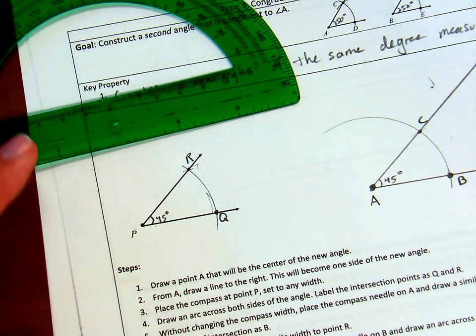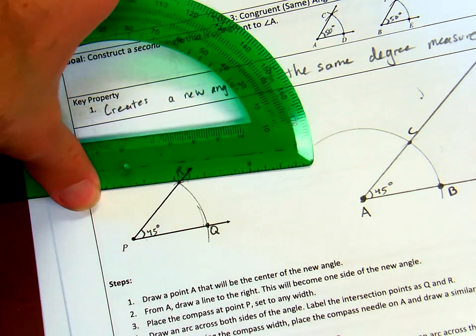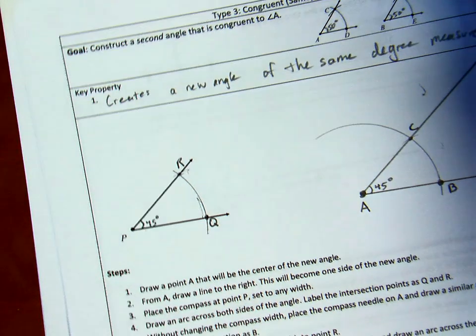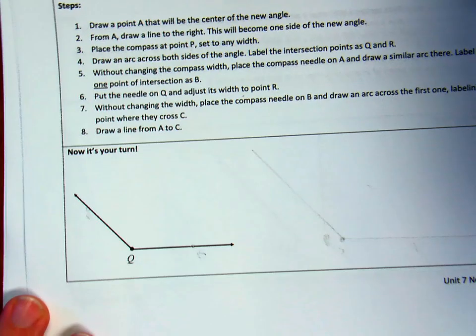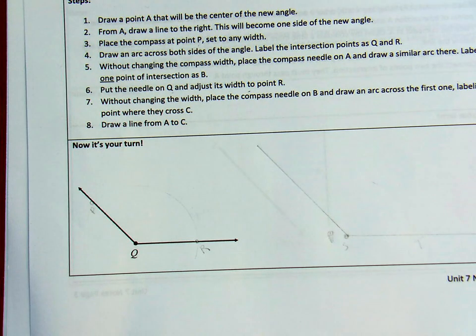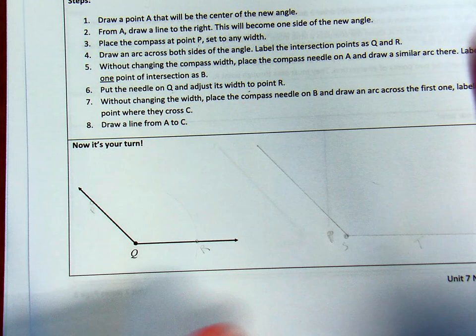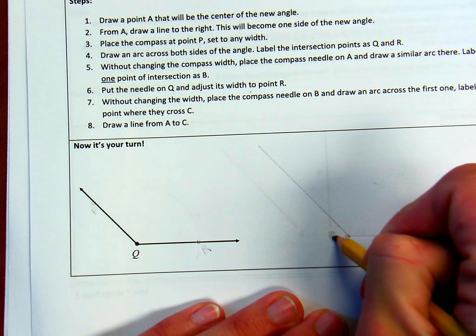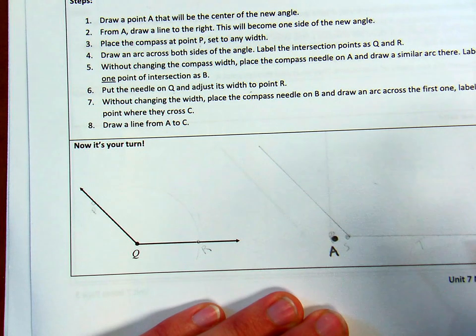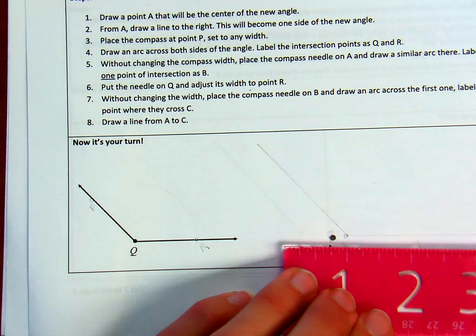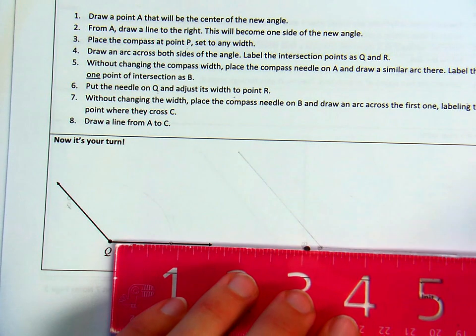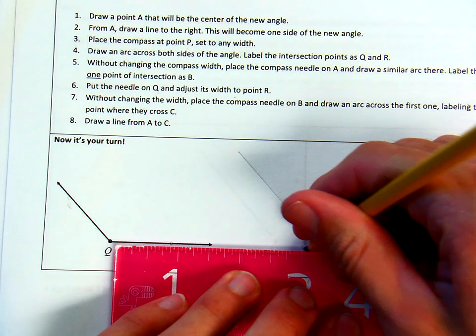Pretty cool. So what I'd like you to do is pause the video. Now it's your turn. Press play when you're ready. Okay, I'm going to draw a new point A, which is going to be the center of my new angle. And from A, I'm going to draw a line to the right.